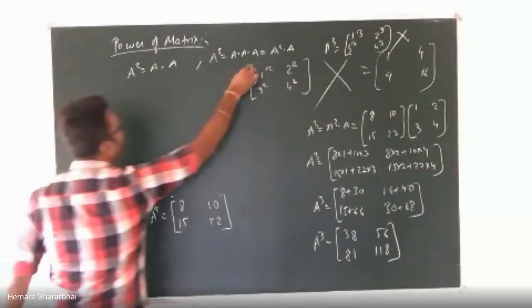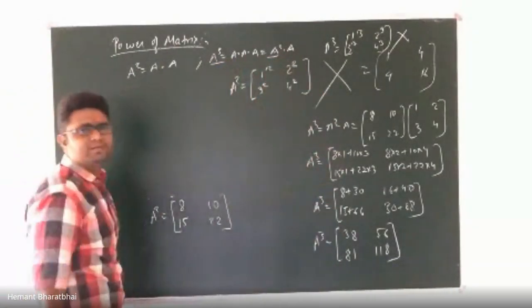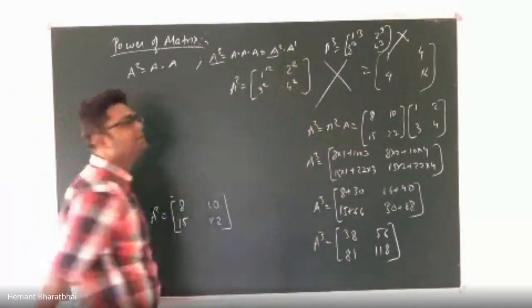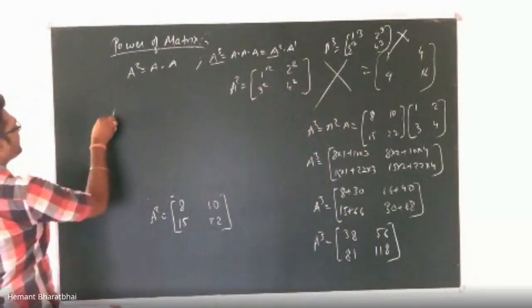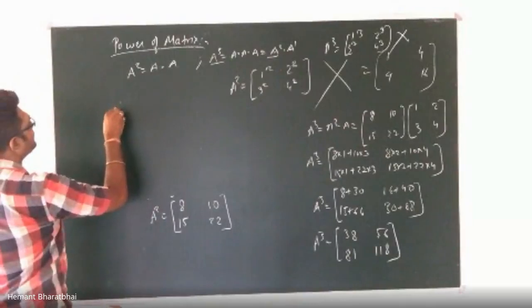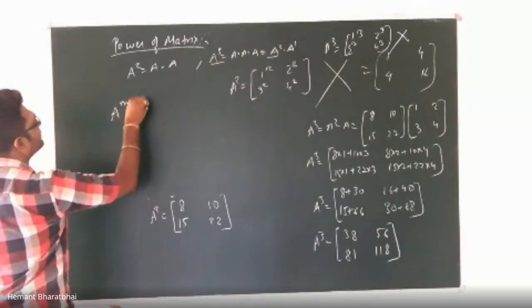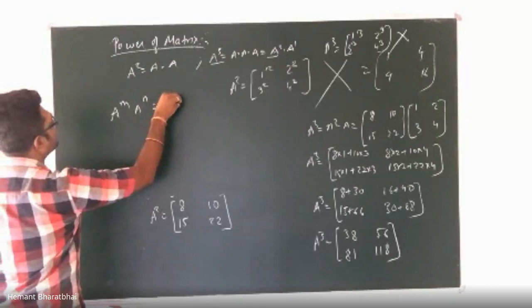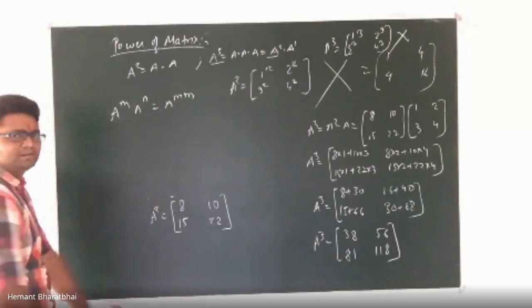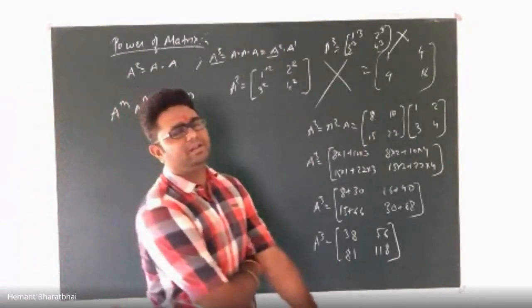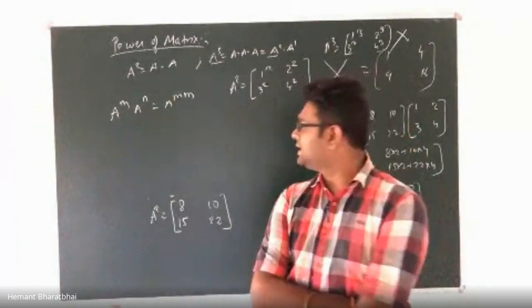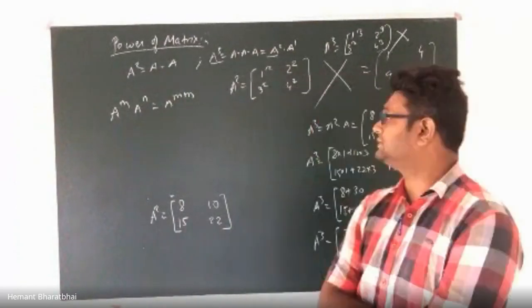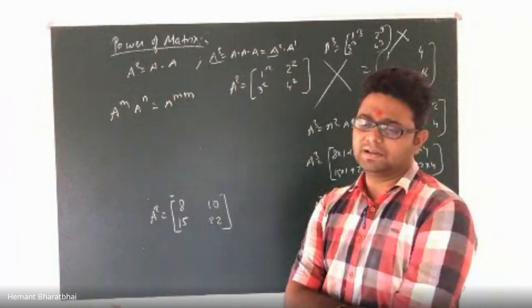So here I have written A raised to 3 is A raised to 2 into A. A raised to m into A raised to n, and you can write that as A raised to m plus n. So the law of indices which we have seen for normal algebra can be applied for matrix algebra. The powers will get added.